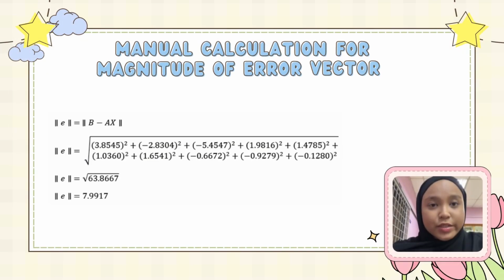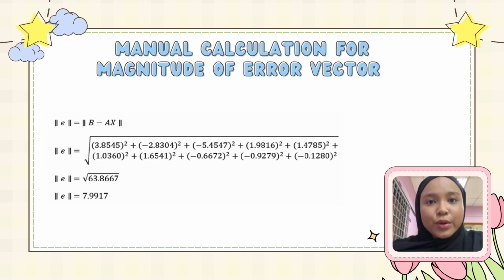Alright, on this slide I will explain how we manually calculate the magnitude of the error vector. We use this formula: magnitude of error vector equals the norm of B minus AX. It basically means we want to find the difference between the actual value B and the predicted values AX.